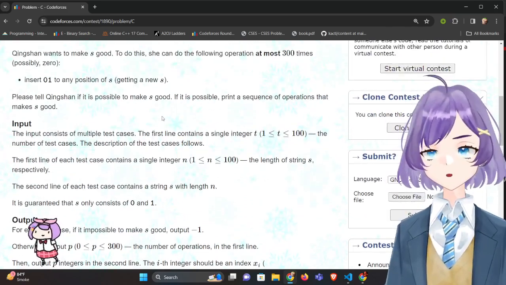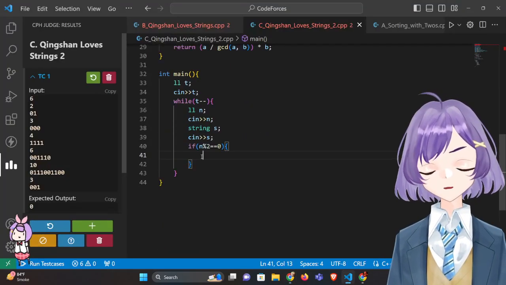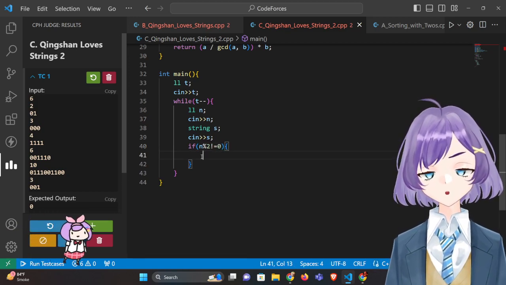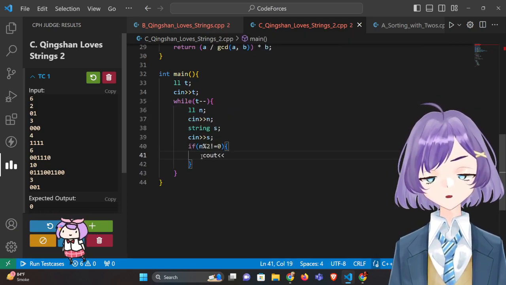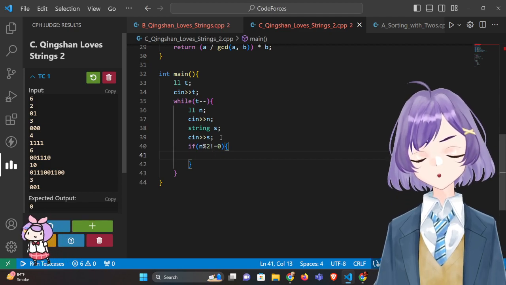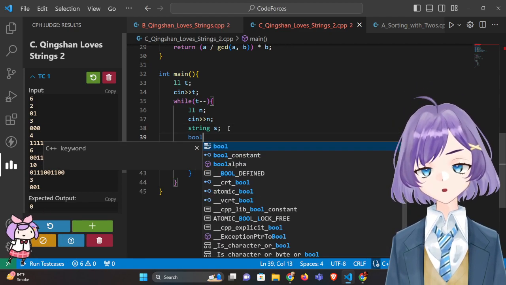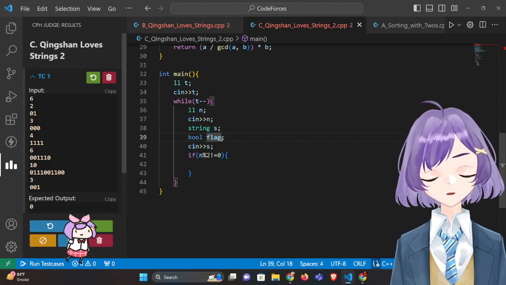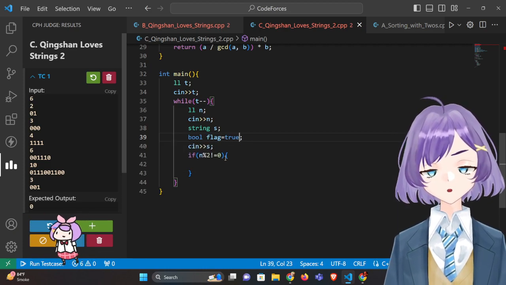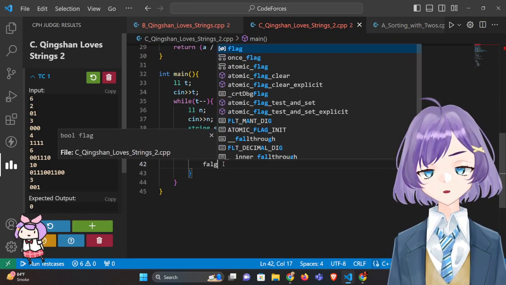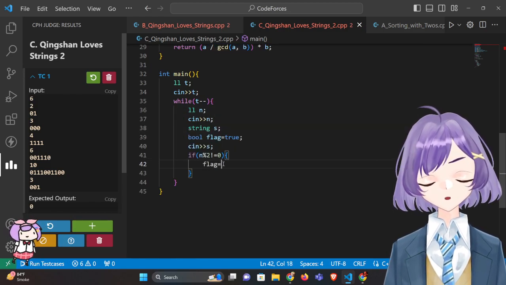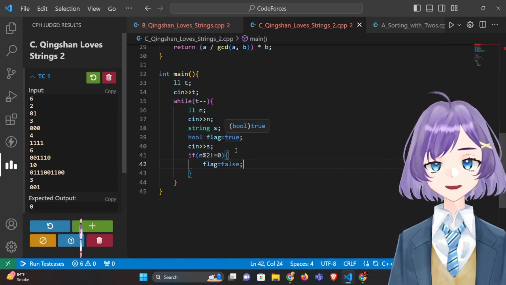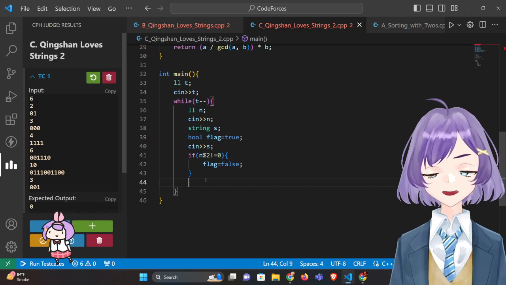What about a string of length 1? Nah, it's not equal to 0. Cout. Let us play with bool flag equals true. Flag equals false.